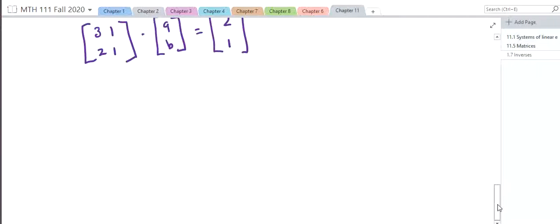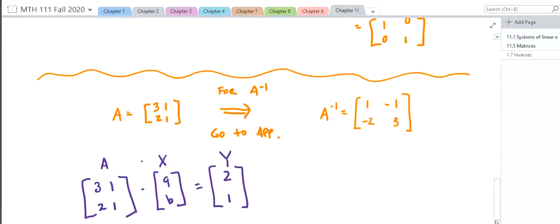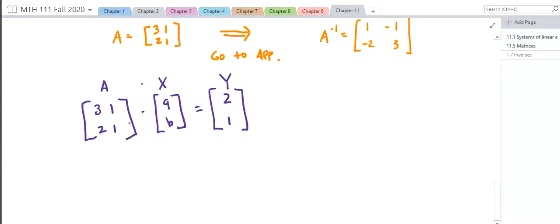Okay, so how do we do this? Well, if we could turn this into the identity matrix, then we would be able to multiply the identity matrix by this, and we would have just this column vector. So let's do that. Let's take A inverse and multiply it by A. A inverse was 1, minus 1, minus 2, and 3.